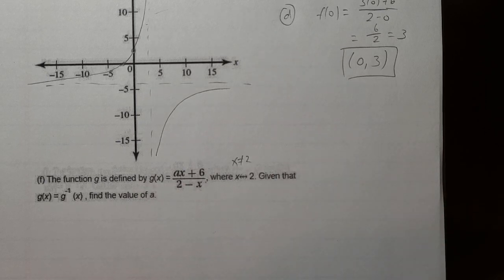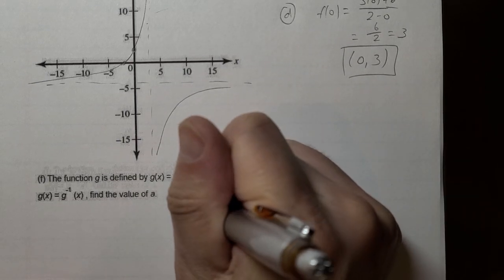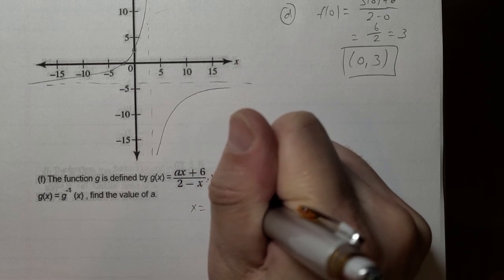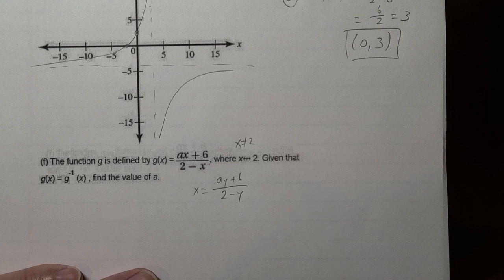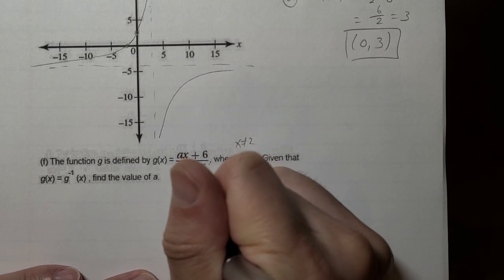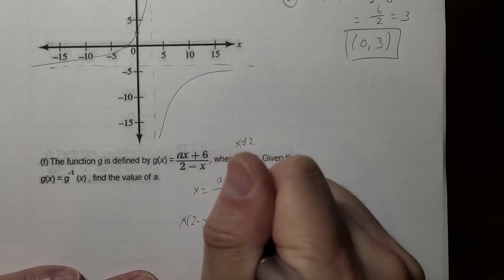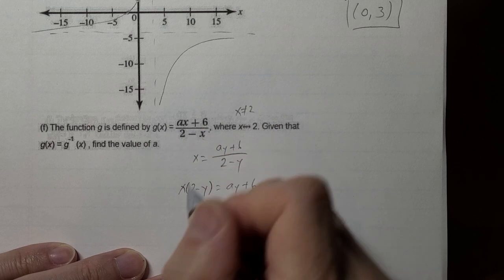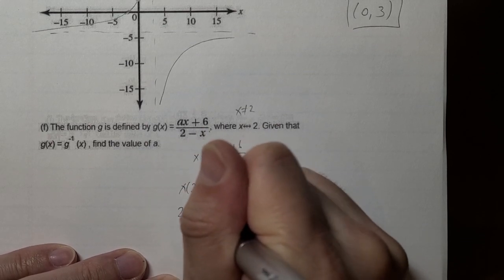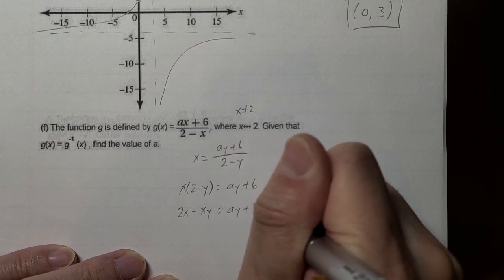So how do we find the inverse? We switch the y and the x. So x is equal to (ay plus 6) over (2 minus y). And then we solve for y to get y equals something. So it'll be x times (2 minus y) is equal to ay plus 6. Okay, so then let's distribute this x. 2x minus xy is equal to ay plus 6.